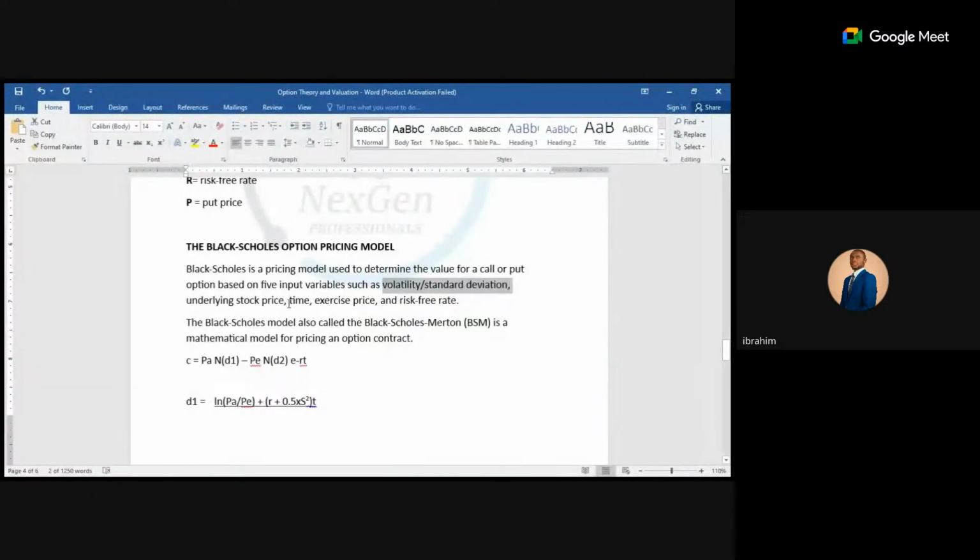So we have the time, the exercise price, the price you are willing to pay, or the strike price at the date of the contract. Then we have the risk-free rate.